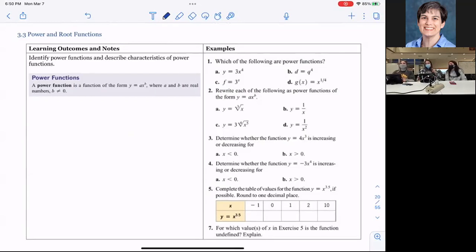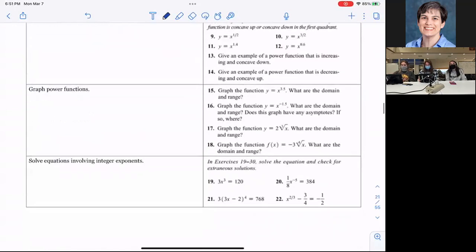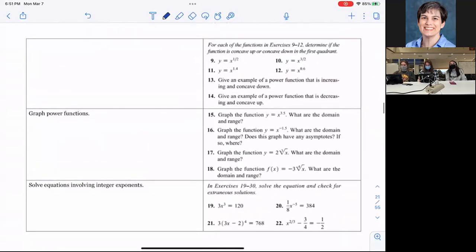All right, so do we have any questions about this page, 1 through 7? Not number 5 and. All right, so we're gonna move on. Are there any questions about page 21?